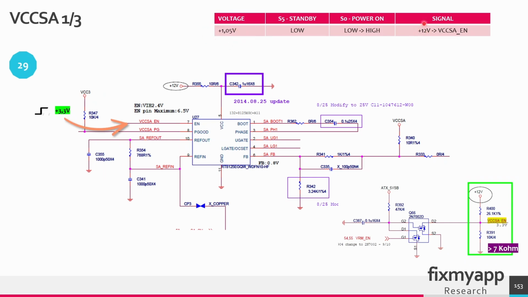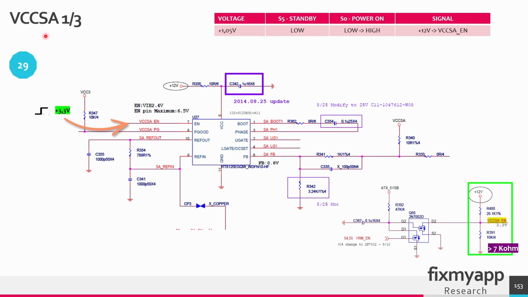So the 12 volt from the ATX power supply will create this VCCSA enable signal. It will enable the chip, and this chip will start generating the 1.05 volts. The VCCSA enable signal depends on the VRM enable signal. So when this VRM enable signal is high, then this enable signal is present.